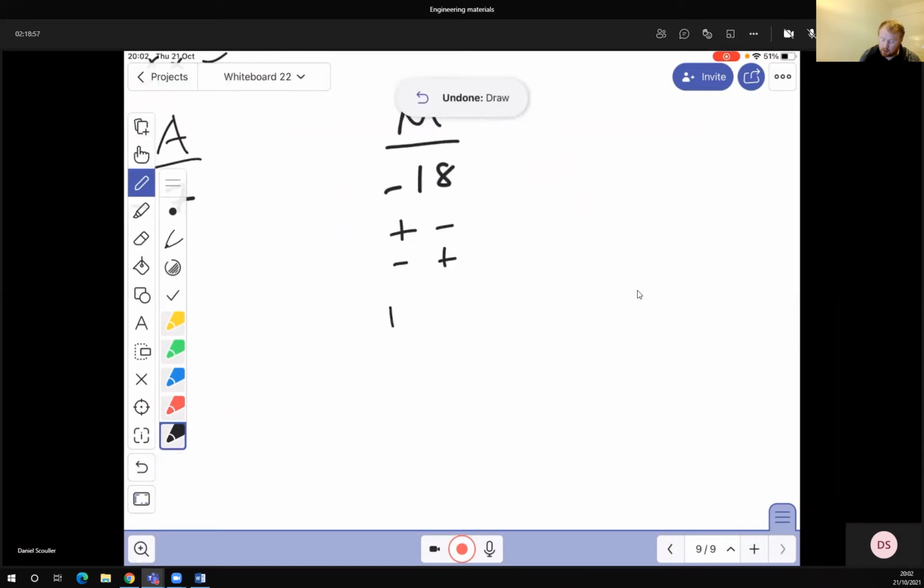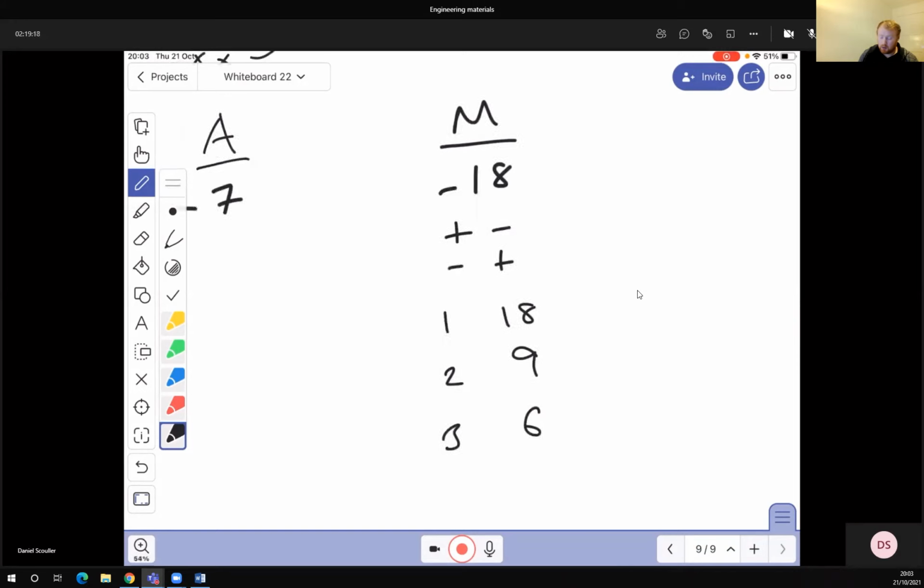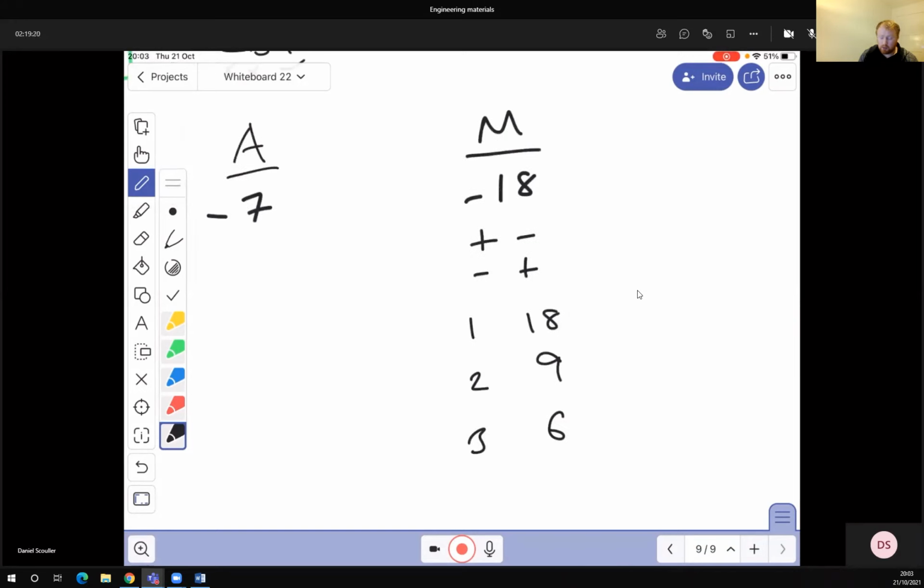So 1 and 18, 2 and 9, 3 and 6. Looking at that straight away, we can see it's not going to be 1 and 18 or 3 and 6. There's no way we can do that either way. We're going to use the 2 and the 9, make sure we're using the right symbol, and make the target of minus 7.